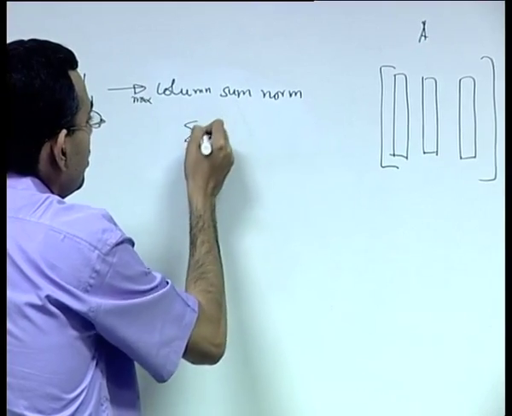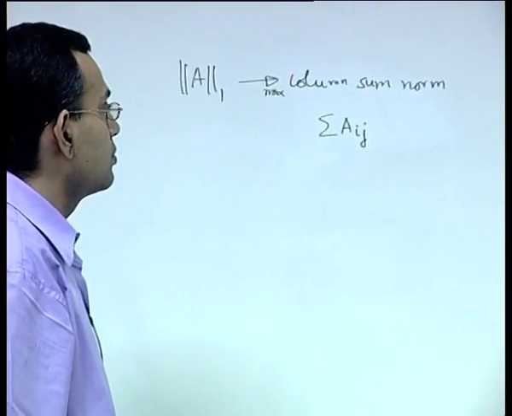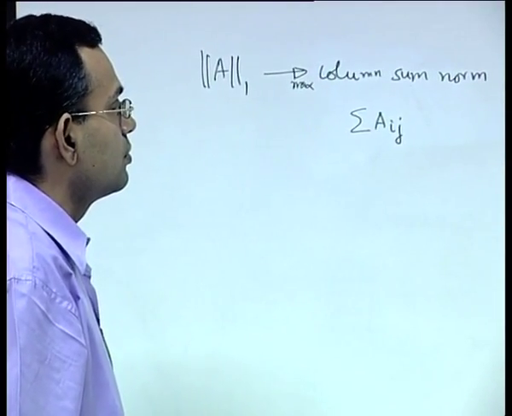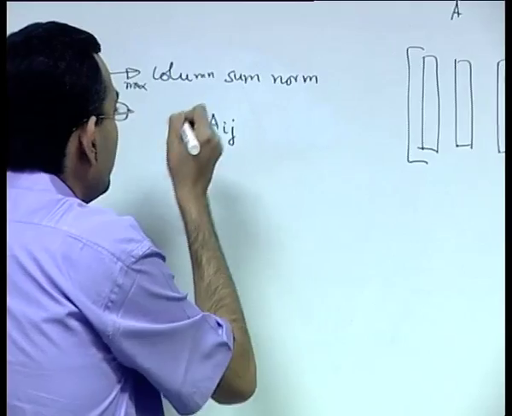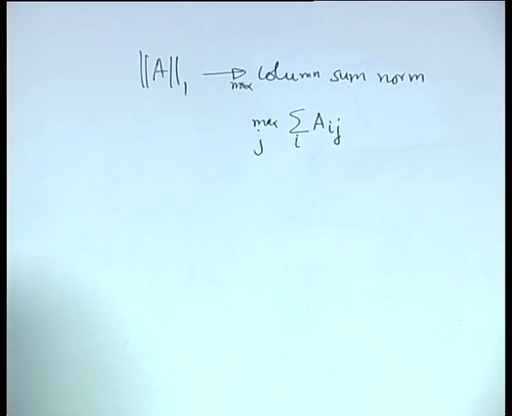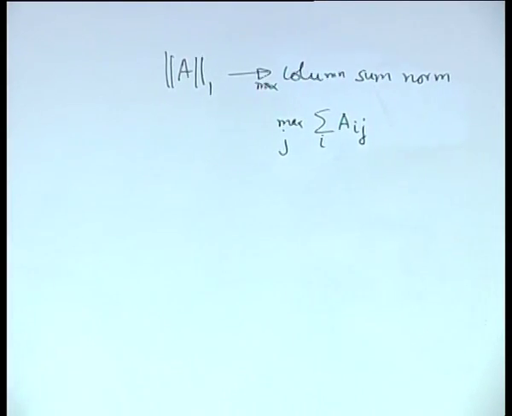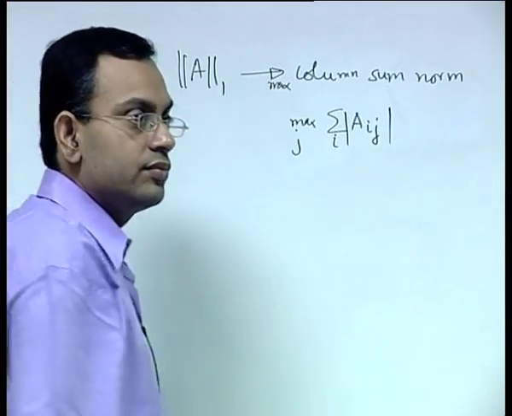So, summation of |Aij| summation over i, you have to find the maximum over j, of course with a mod.